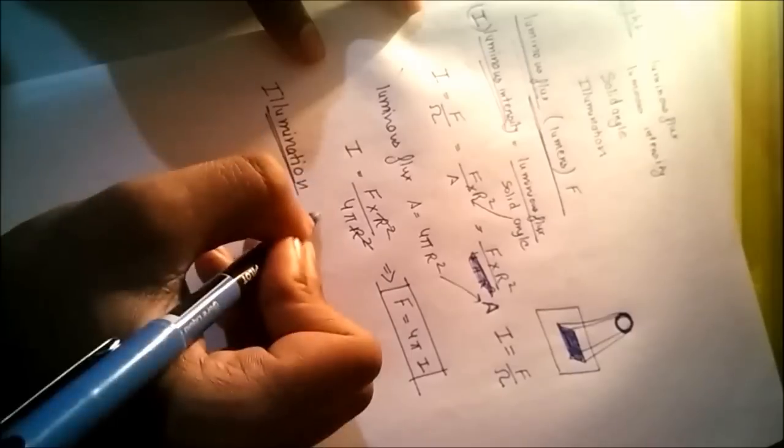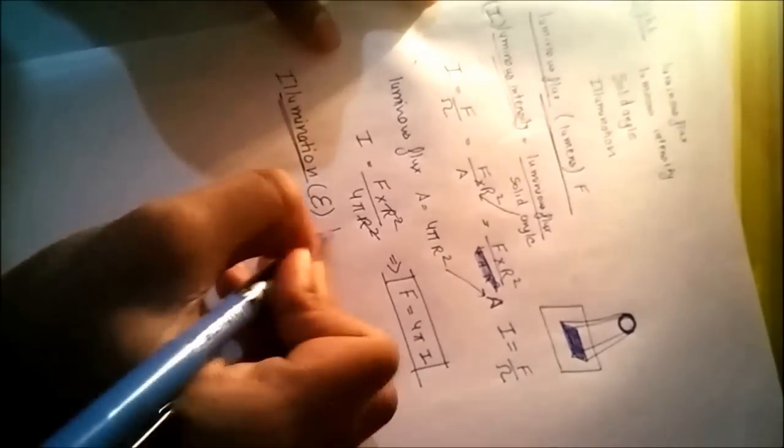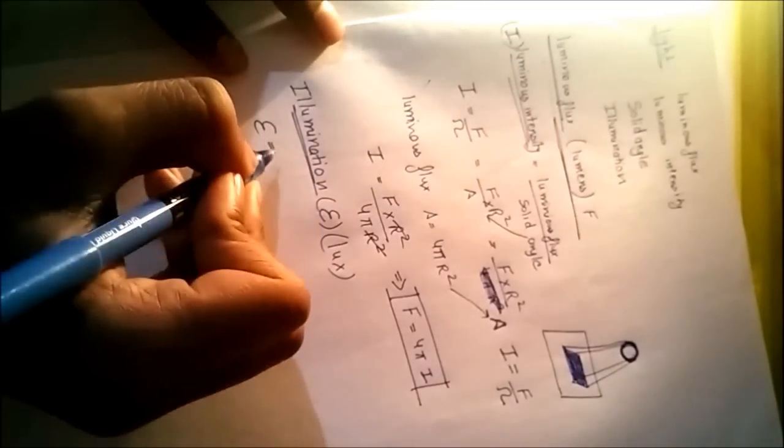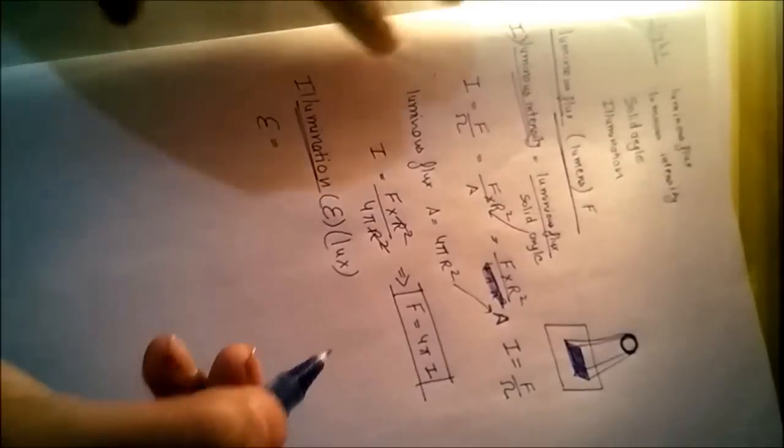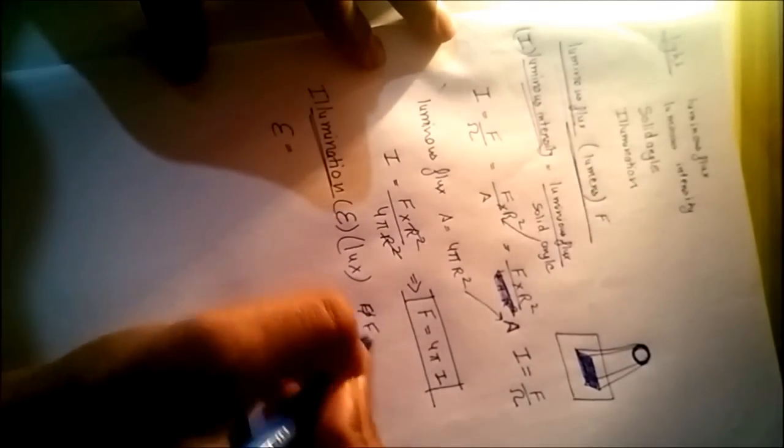Okay, now coming to the illumination, that is denoted by E and its unit is lux. Illumination is flux per unit area.